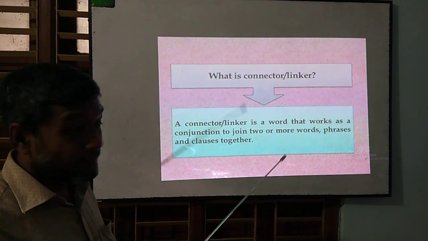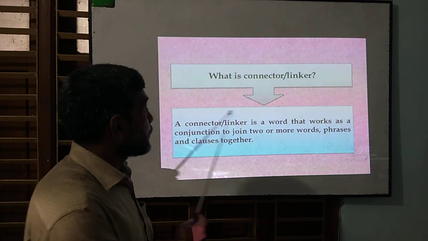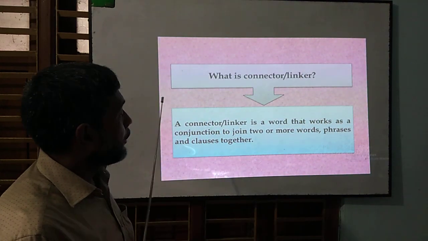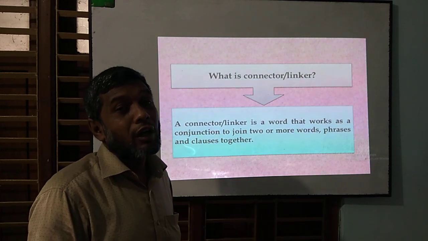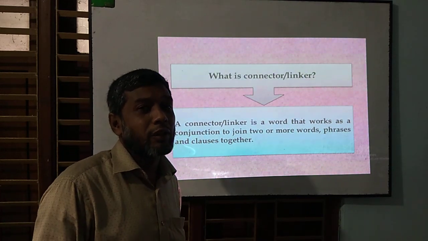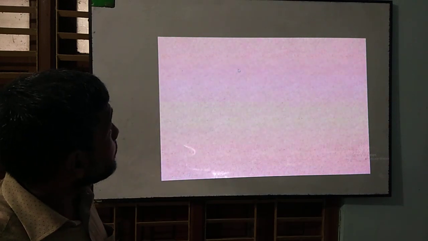So dear students, if you have pen and paper, you must take it down in your notebooks, because we should remember the definition of any grammatical item so that we can recall it when we need it.